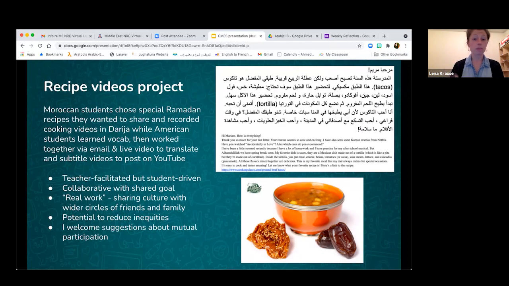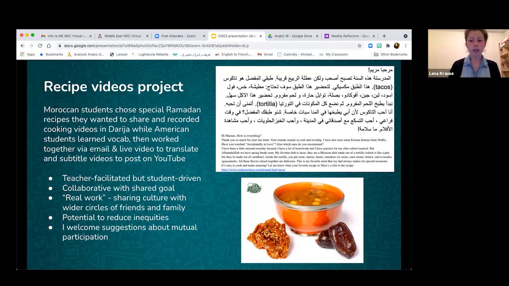But because I'm here, I was able to visit their class and ask the Moroccan students what they hope to share with mine about their culture, and specifically a food unit. They said they would like to share special Ramadan dishes, because Ramadan's coming up, and they offered to record videos of their families cooking these dishes.